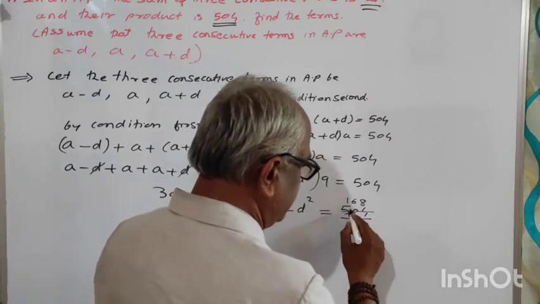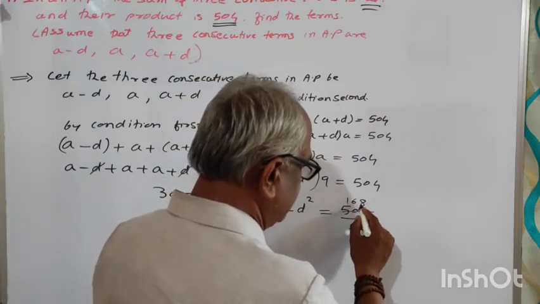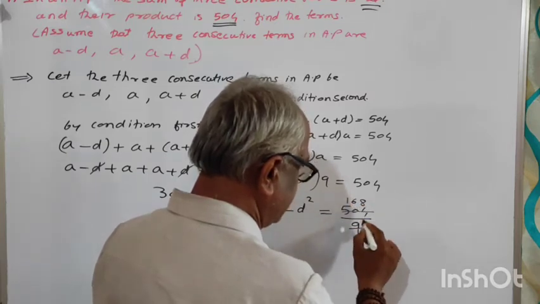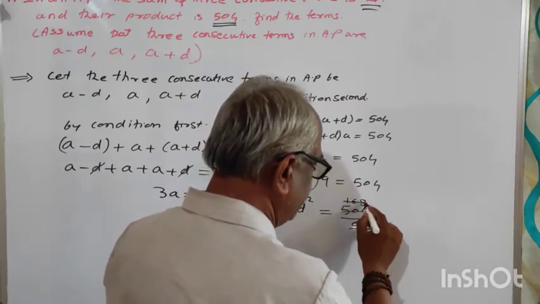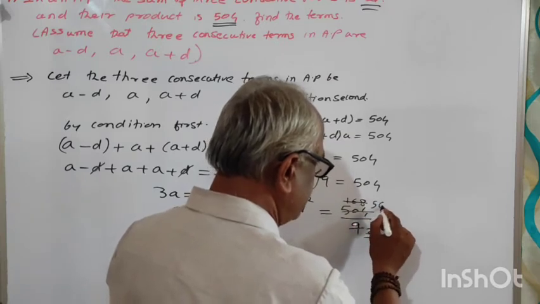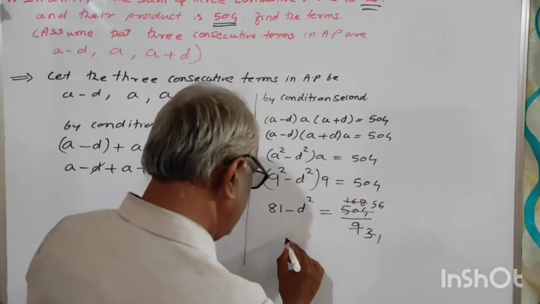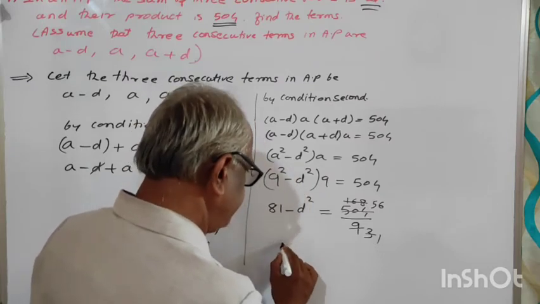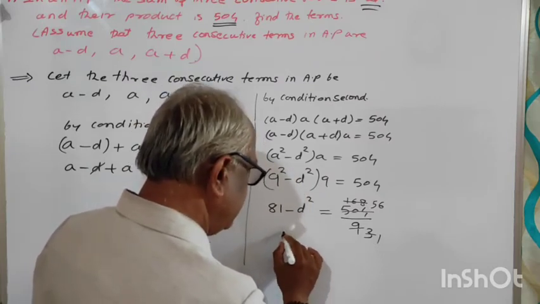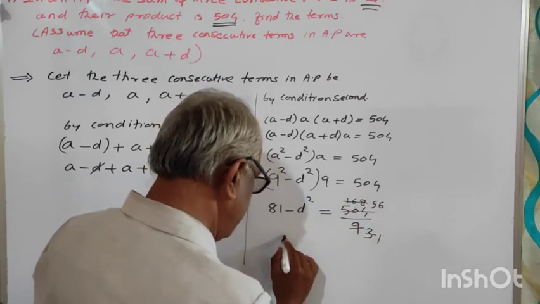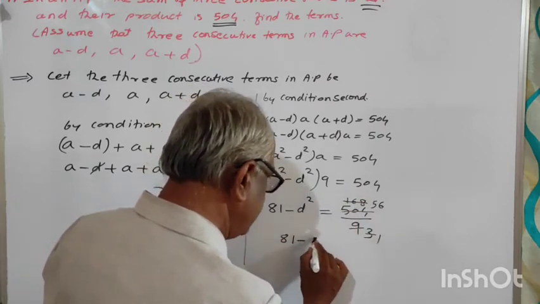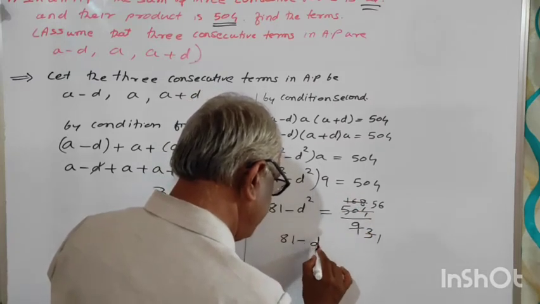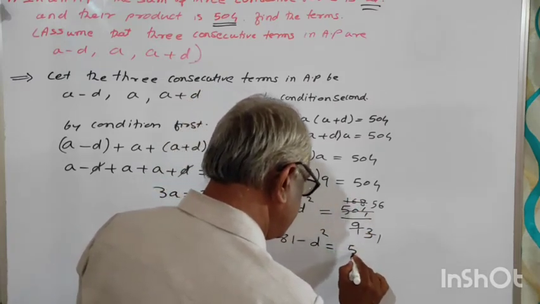Again by 3, we will get 3 1s are 3, 3 5s are 15, 3 6s are 18. Now I will shift d squared over, and write it this way first: 81 minus d squared is equal to 56.